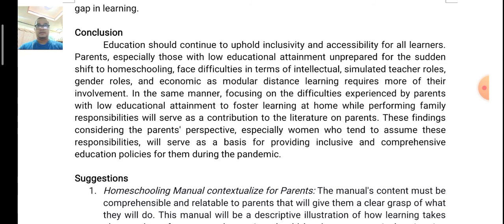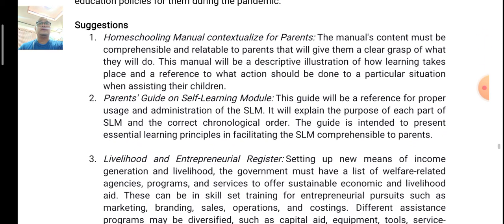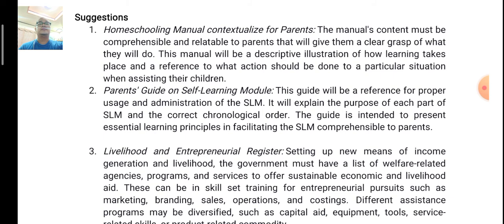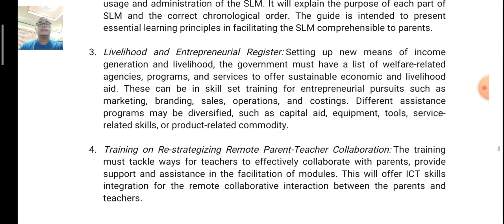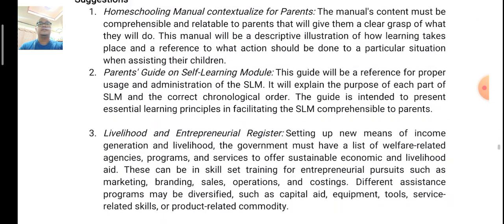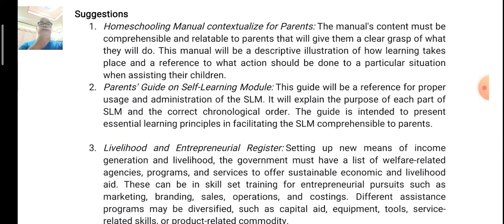With regards to recommendations or suggestions, in IMRAD it can be called a recommendation or suggestion. It is numbered. In this case, there are 1, 2, 3, 4 suggestions. Just like what I've said, it should be something tangible. Our suggestions cannot be empty talk. Based on our objectives or findings, we make suggestions.